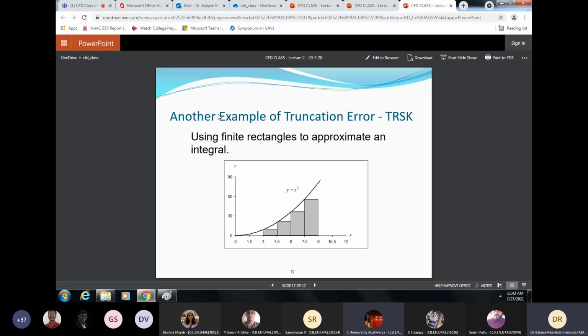But the discretization error, as you told, will be less. So one error increases with the number of rectangles, or we can say, the number of divisions you have in the computation. Another error decreases.